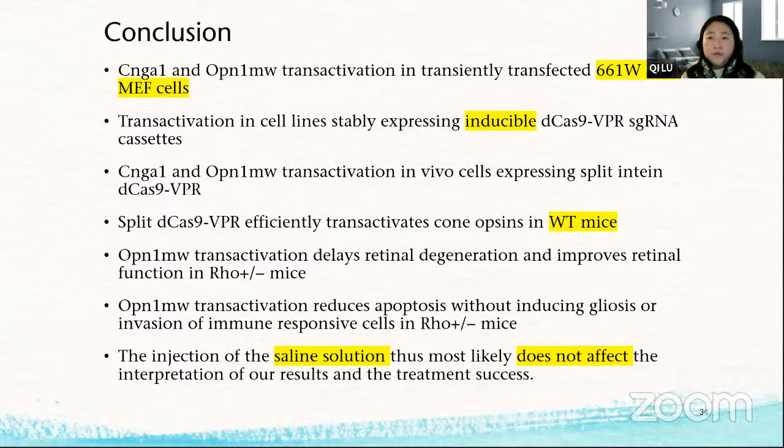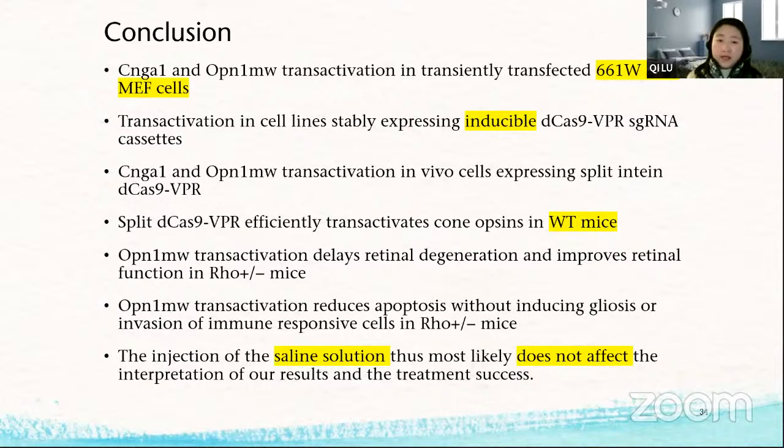In vivo, this split Cas9-VPR system with the intein-linked protein can still function to activate gene expression of CNGA and OPN1, and it works in wild type mice. And this treatment can delay retinal degeneration and improve retinal function.